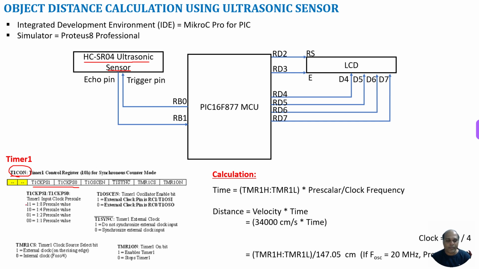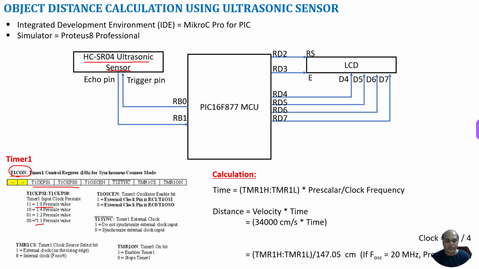For example, if I put 1 here, it is equivalent to a 1:8 prescale value. 1:8 means an incrementation will happen for every 8 clock pulses. For the 8th clock pulse, incrementation will happen, then the next incrementation will happen only at the 16th clock pulse. In the same way, if I put 1:1, for every clock pulse the timer 1 register will get incremented.